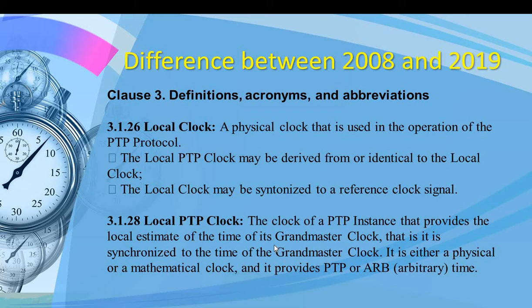Another one is the local PTP clock. A local PTP clock is a PTP instance that provides a local estimate of the time of the grandmaster clock, synchronized to the time of the grandmaster clock. These are two new terms.